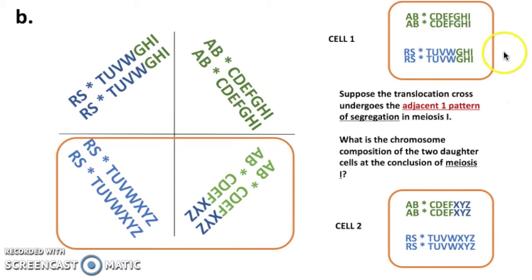So both of these cells will not have all of the genetic material that they need, because while it has everything for the normal A, B, C, D, E, F, G, H, I, here on the other chromosome it has the first section of it, but we don't have X, Y, and Z. And then the same thing down here, but instead we are missing the G, H, I portion.